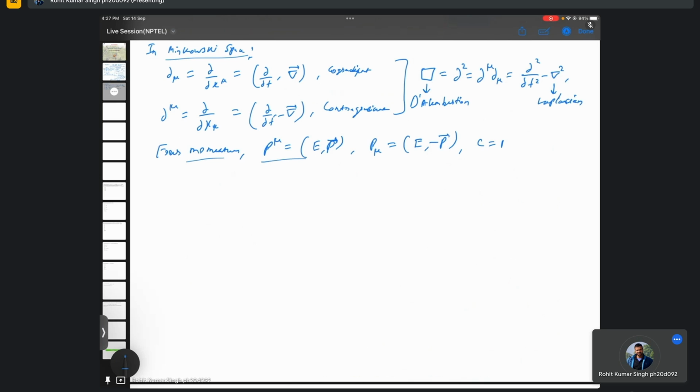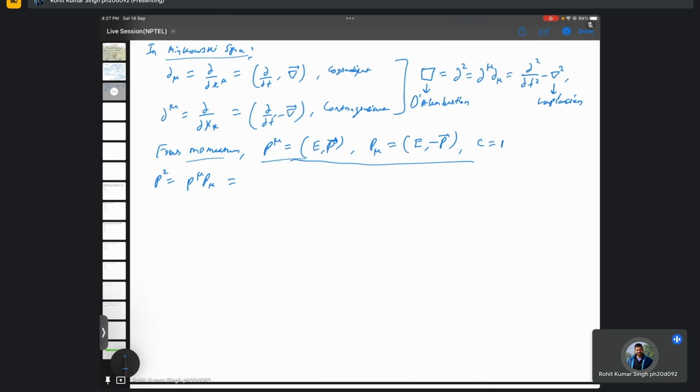Now why have we defined it like this? Let's take the dot product of p mu, so basically p square.